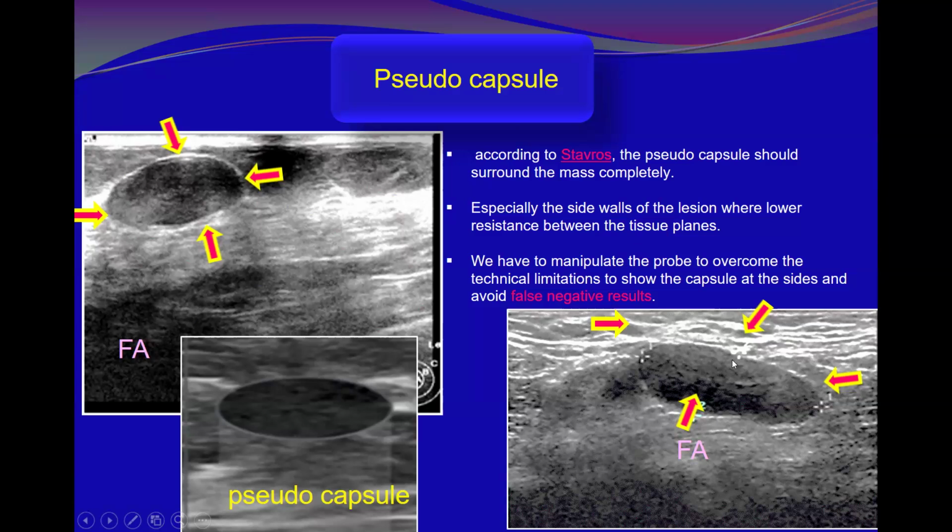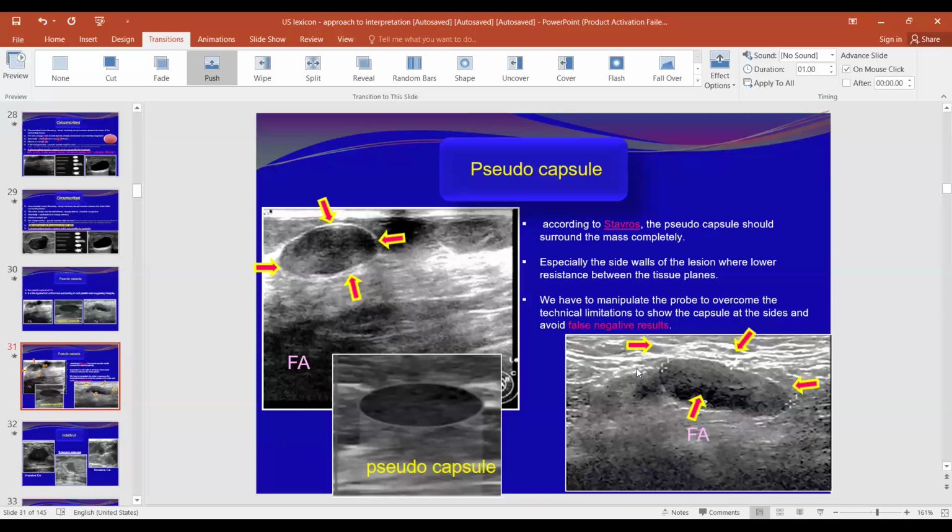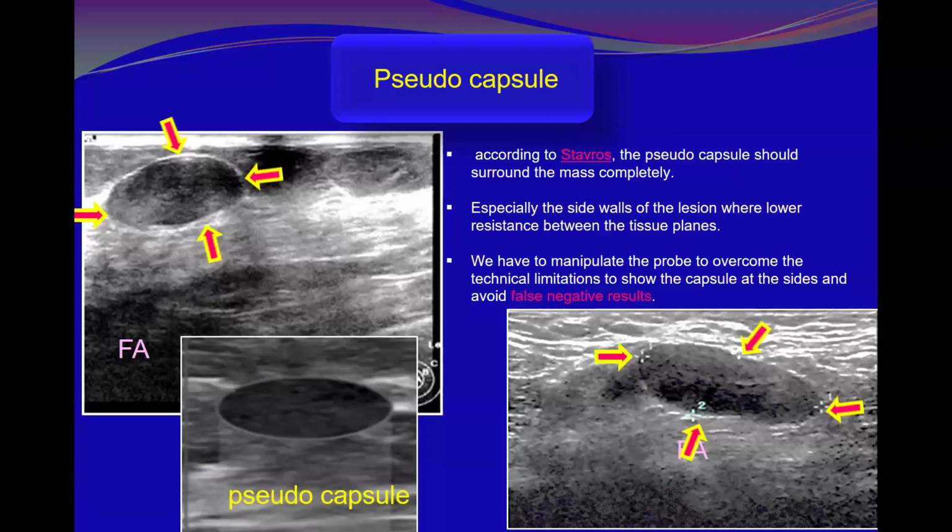Here we can see anterior and posterior. In these two examples, the pseudocapsule is seen completely.